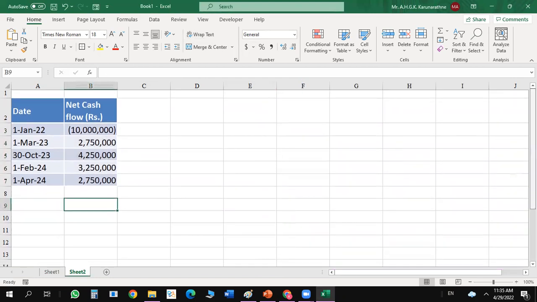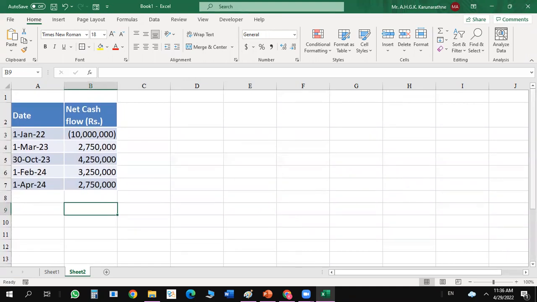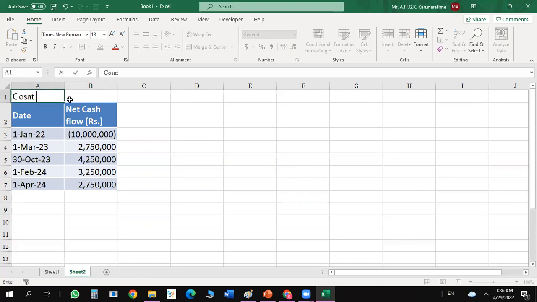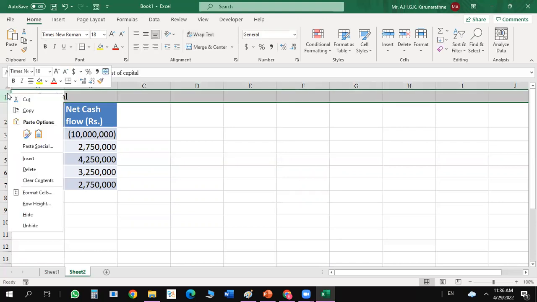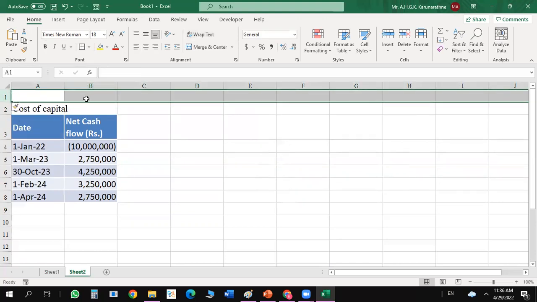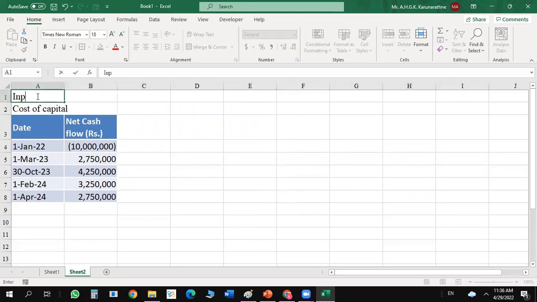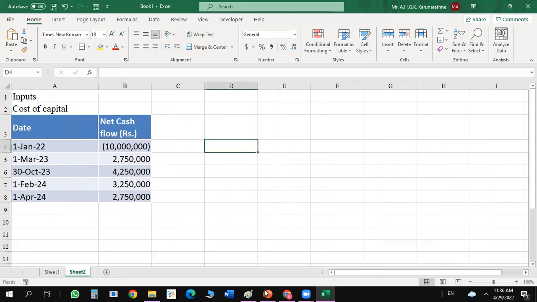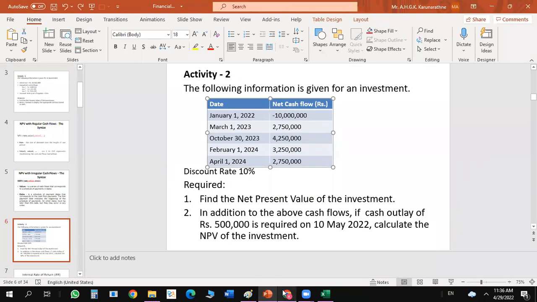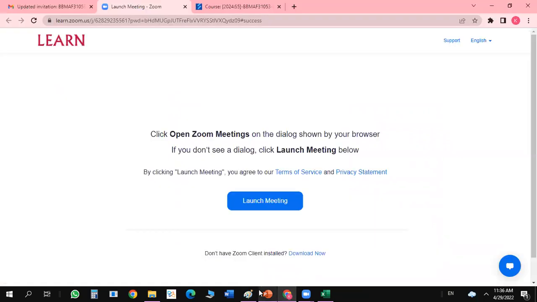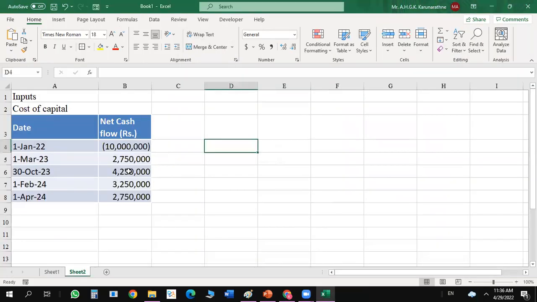So if we compute this project NPV, we'll put the cost of capital as our input. Cost of capital we take as given in the sum, it is 10%. This 0.1, 10%, and as a percentage 10%.